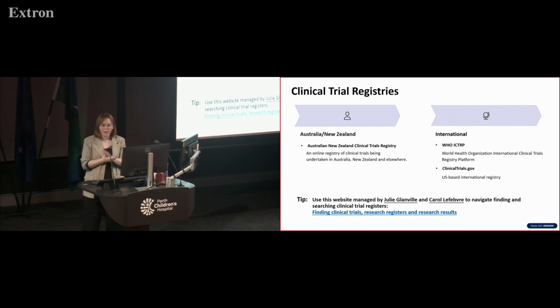Database searches will pick up publications related to completed clinical trials, but it's really good practice to actually search the clinical trial registries to pick up clinical trials that are yet to be started or in progress. And this helps to reduce the risk of publication bias, where only research with positive and desired results actually tend to get published.